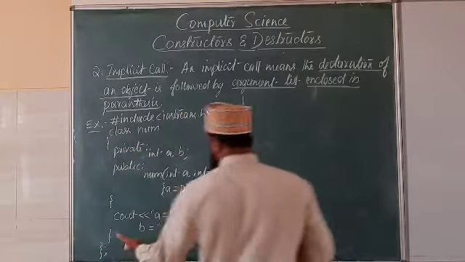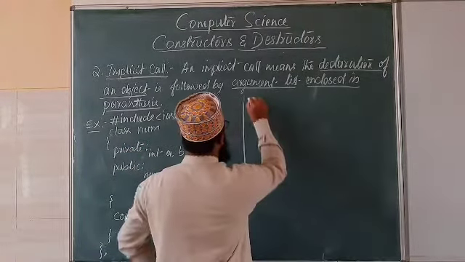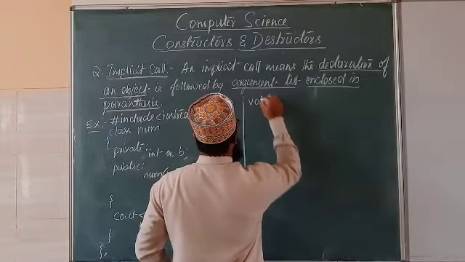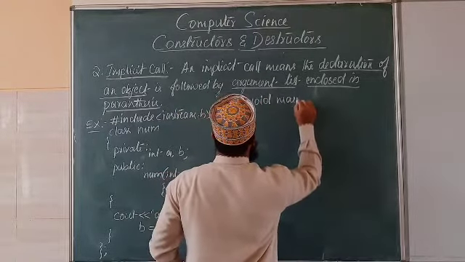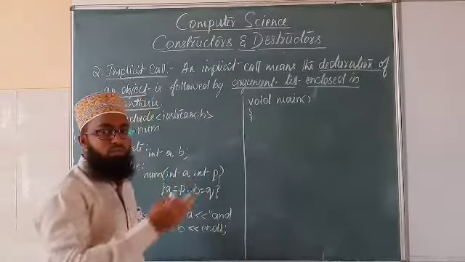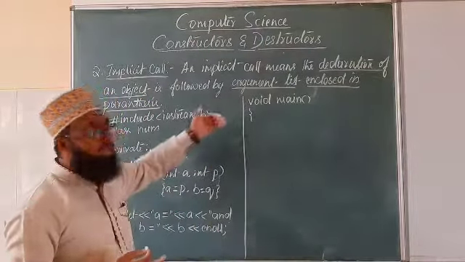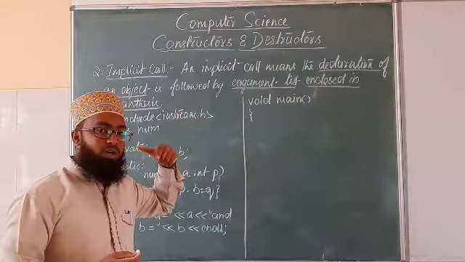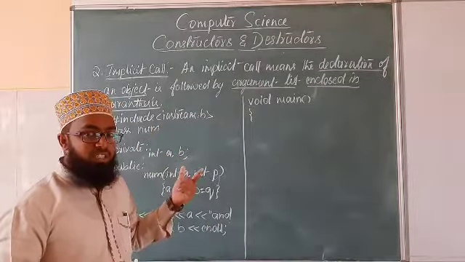Now come, after closing class we need to start the main program, void main. Okay, then after that open. Now we need to give the implicit call here. In our last program we have given the explicit call.